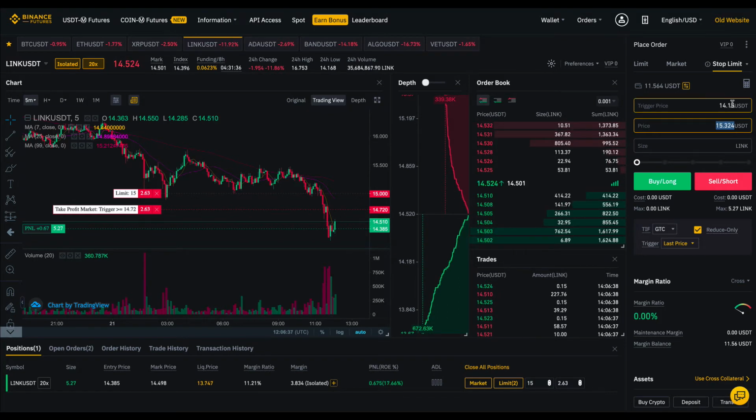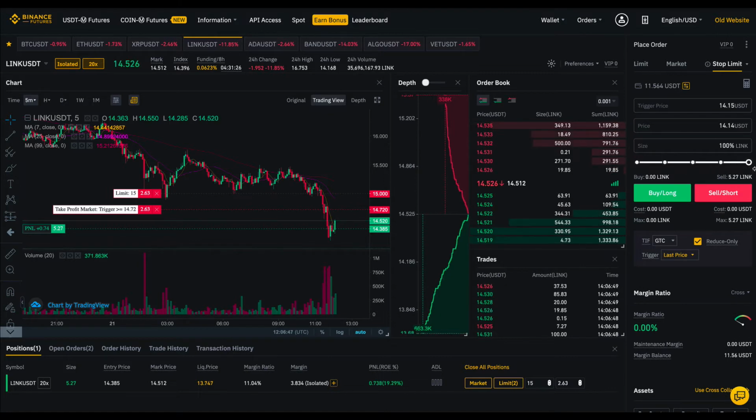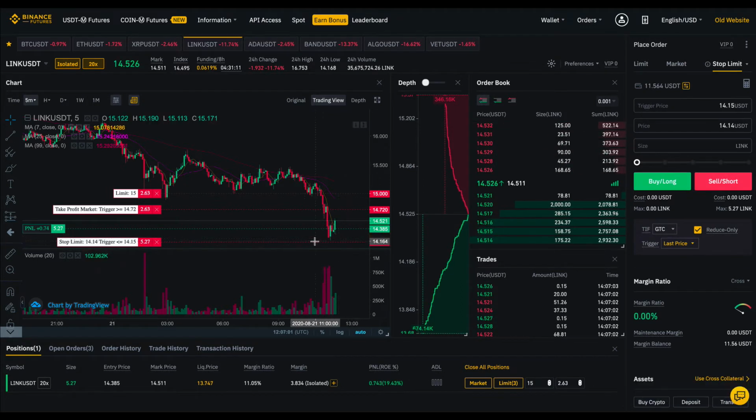I can't go above that price, and it will be below that price. So let's say 14. And then I want to close the entire position. And you'll have to sell again because you are selling the 5.27 links that you bought. If I hit sell, you will see it come up on the chart there.